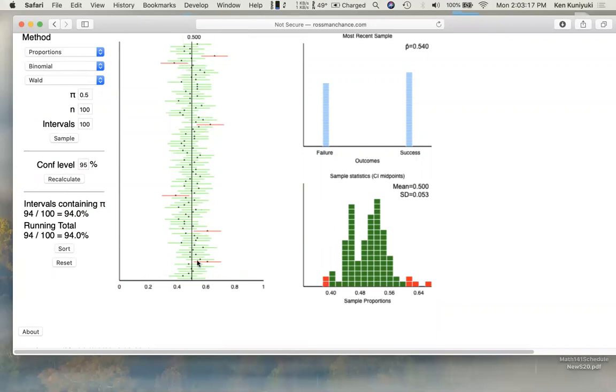Here there were 6 confidence intervals that failed us. We predicted 5, or 5%. You can see here these 6 boxes correspond to the 6 values of p hat that led to these confidence intervals that were too far off. These ones were at the low end, so it's got to be this one and this one. These 4 were at the high end, so this one, this one, this one, and this one.